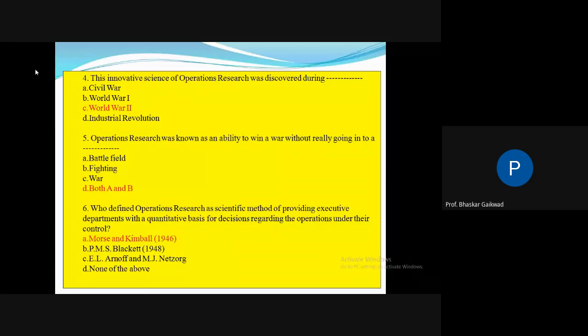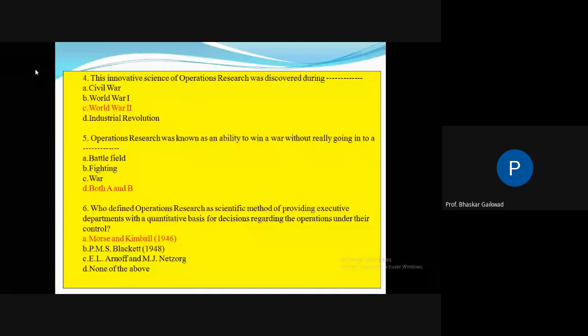Operation research was known as the ability to win a war without really going into battlefield or fighting. So where can we use operation research? We have to solve problems at the management levels, not on the shop floors.